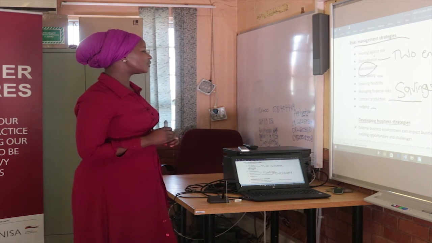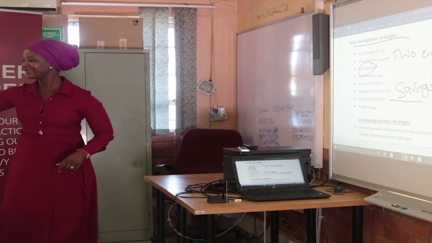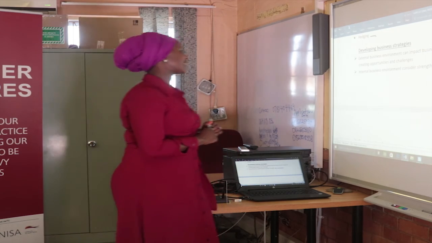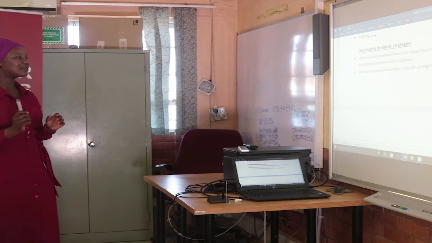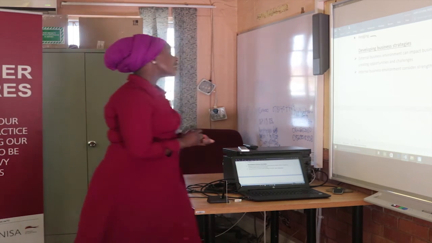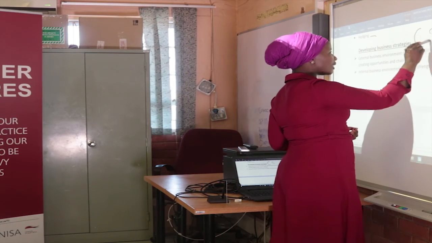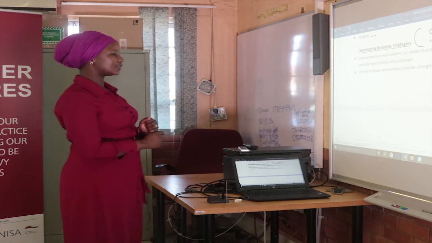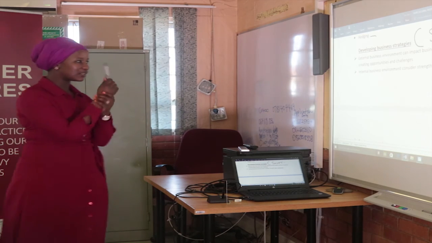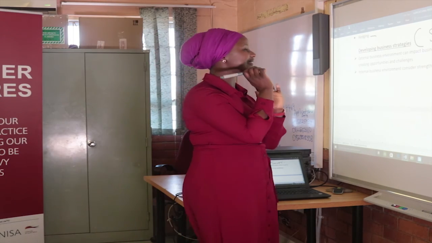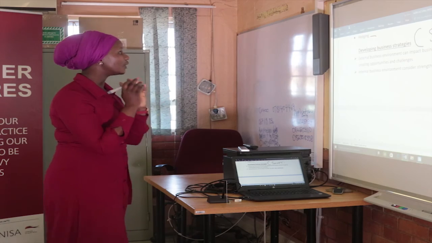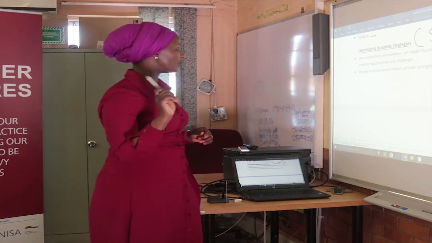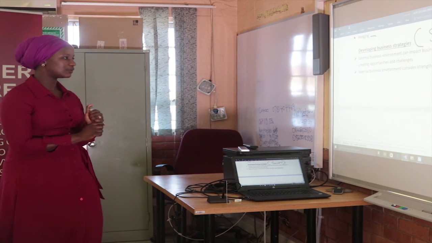And then we need to develop a business strategy. So how do we develop a business strategy? We develop it through what we call a SWOT analysis. In a SWOT analysis, we look at the strengths of a business, the weaknesses, the opportunities, and the threats. All these things are included in the business plan.